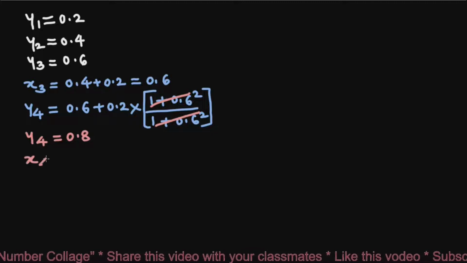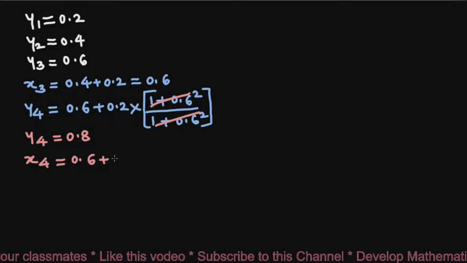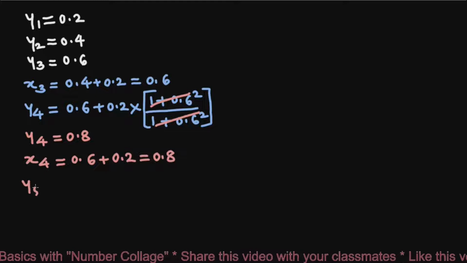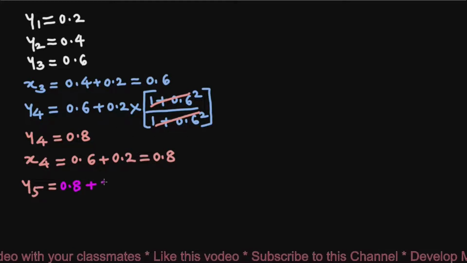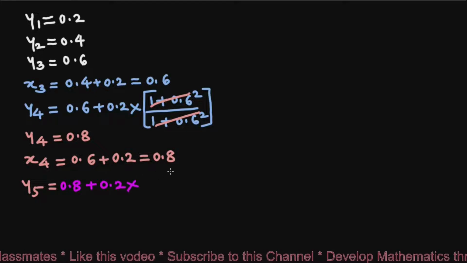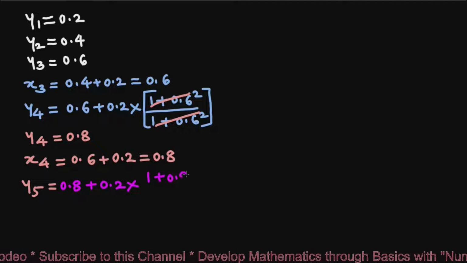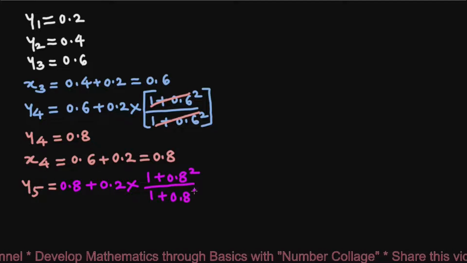x4 will be x3, which is 0.6 plus h 0.2, that will be 0.8. y5 will be y4, which is 0.8 plus h 0.2 multiplied by 1 plus y4 square, that is 0.8 square upon 1 plus 0.8 square.